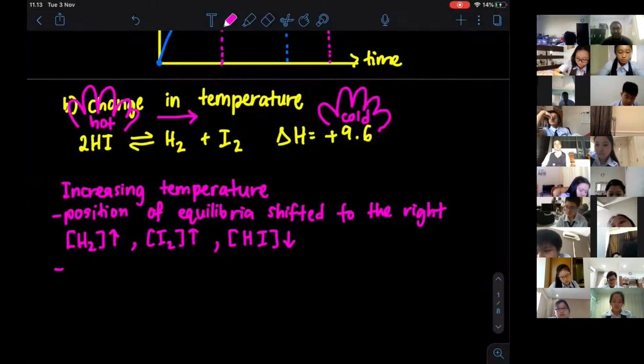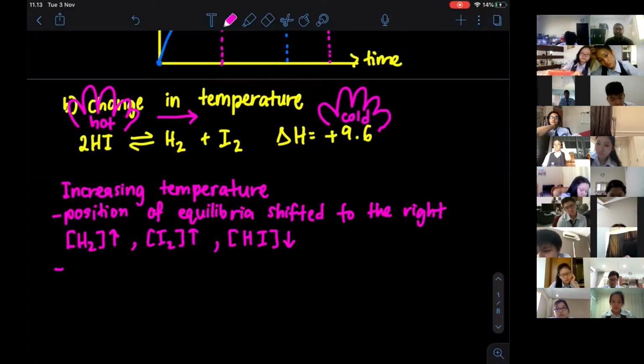What they want to see is the position of the equilibrium shifted towards endothermic or exothermic. So in this case, going to the right, Kiara, is it endothermic or exothermic?